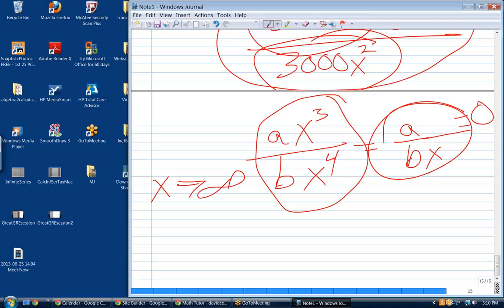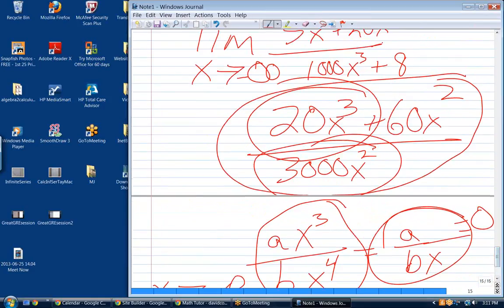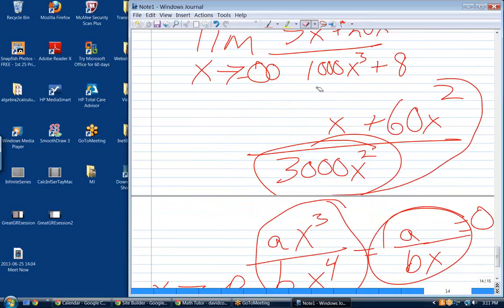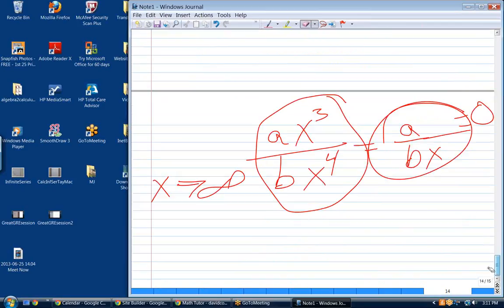When your denominator blows up alone, the whole thing goes to 0. The only place you need L'Hopital's rule is when both of them do the same thing. Either both go to 0 or both go to infinity. So that's the only reason I would have said L'Hopital's rule is not necessary in this case we just talked about, because I can evaluate that limit without using L'Hopital's rule.